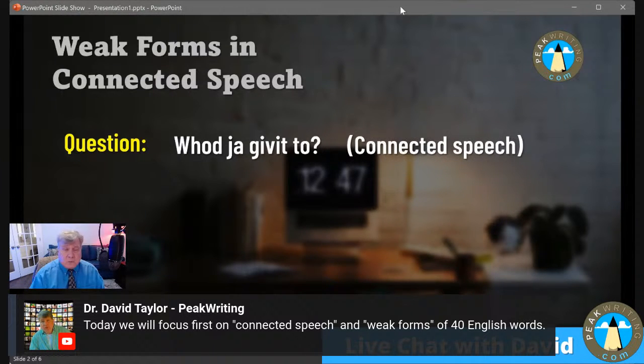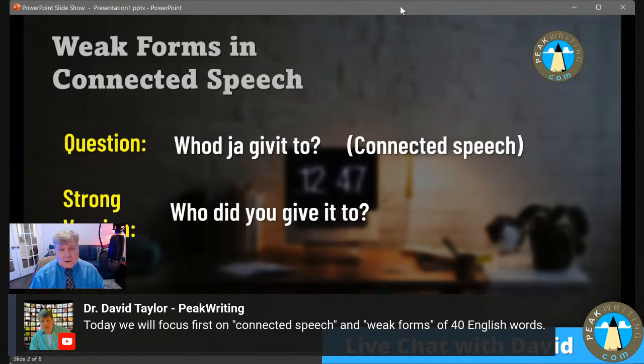That form of English that you're seeing right now and just heard results from what is called connected speech. And connected speech produces a very different version of English than the strong version. The strong version would be: Who did you give it to? Who did you give it to? And there you can sense that I paused and I clearly enunciated each word, which is not often the case in connected speech.